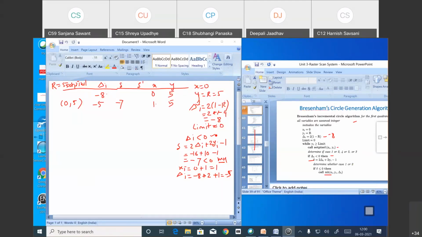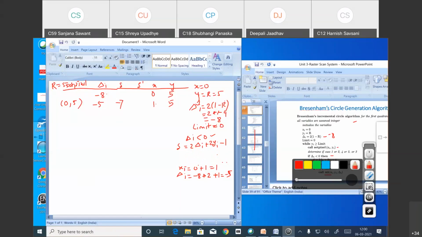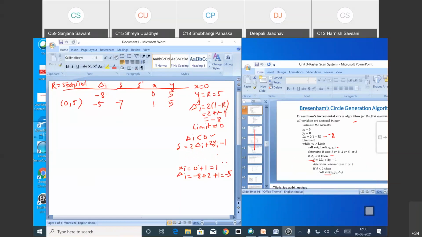So we calculate this lowercase letter delta. 2 delta I plus 2 yi minus 1. Okay. So I write it here only. So 2 delta I plus 2 yi minus 1. What is now the delta value?